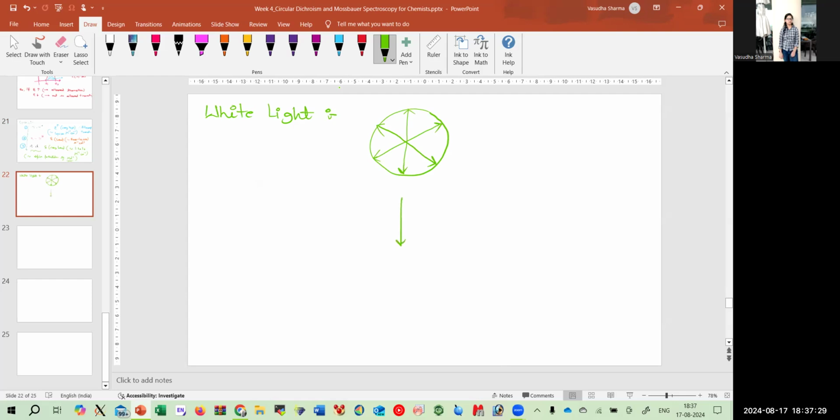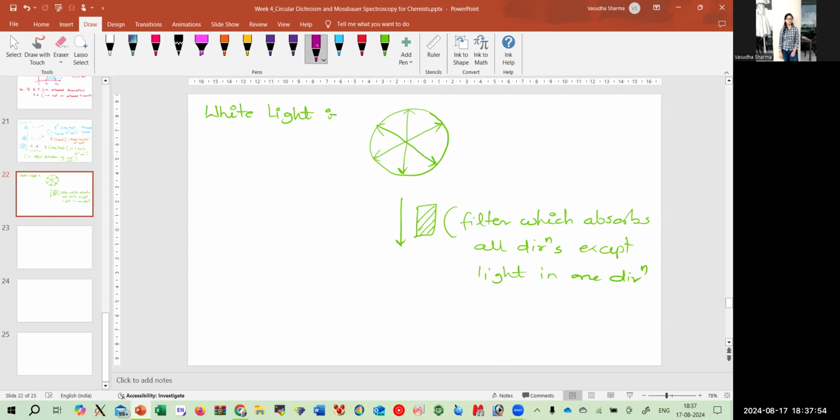If we pass it through this, which is a filter we can say, which absorbs light in all directions except one direction, therefore we would get a plane polarized light.